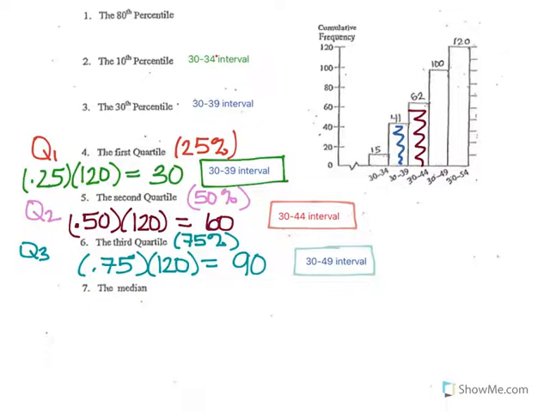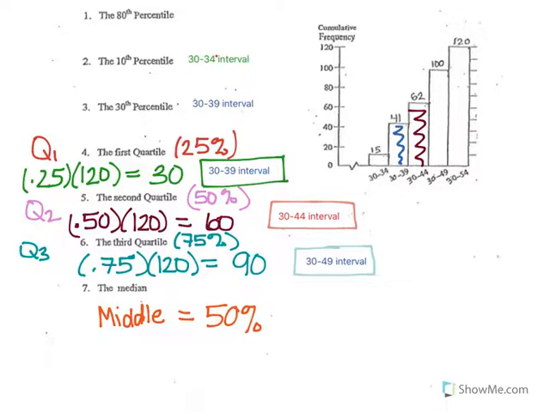And when you get to question 7 and it says to find the median, otherwise known as the middle, if we remember that from yesterday, well, if we think about the middle as far as a percentage, that's going to be 50% would be the middle.